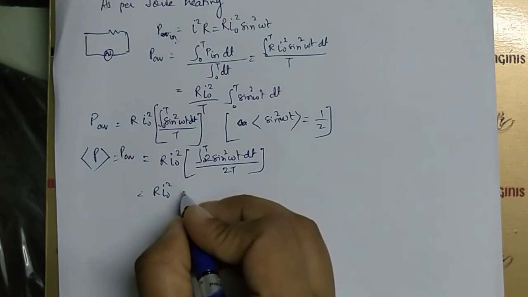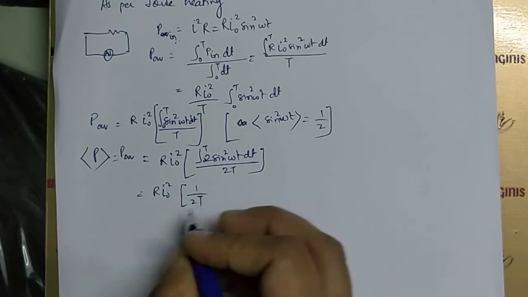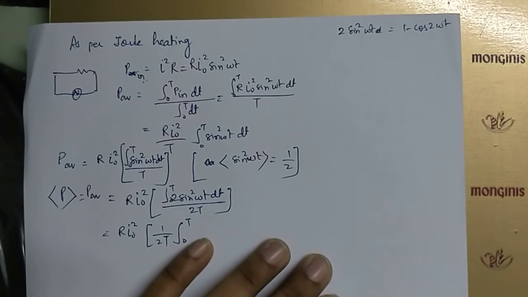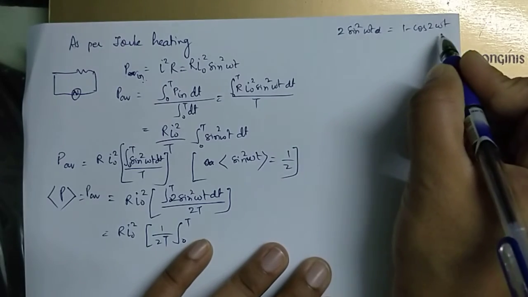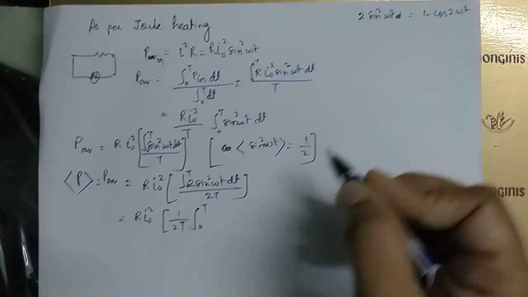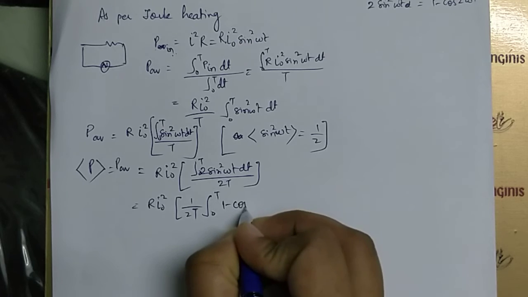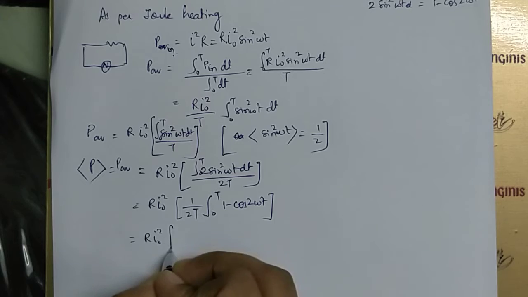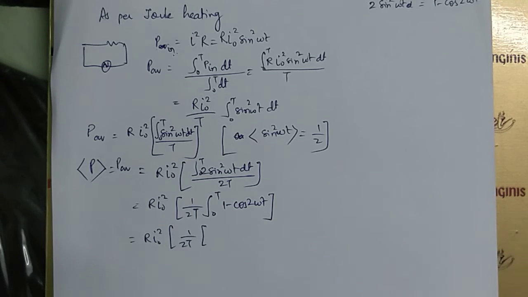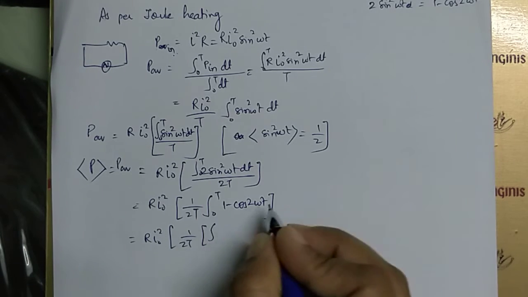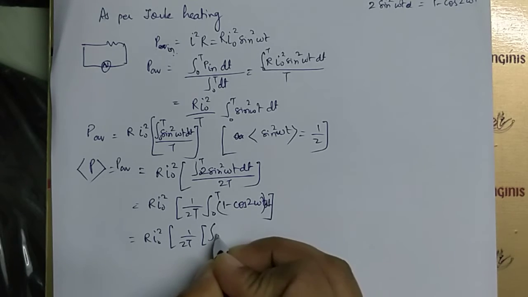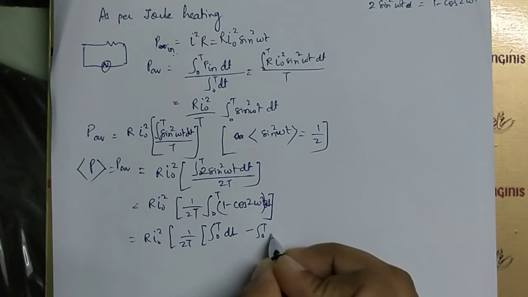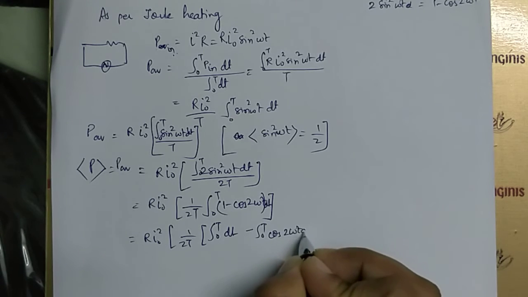So here 1 upon 2T, and 2 sine square omega t is 1 minus cos 2 omega t, so I can place that here. Then R I naught square, 1 upon 2T, I can have in two parts: integral 0 to T of dt, minus integral 0 to T of cos 2 omega t dt.